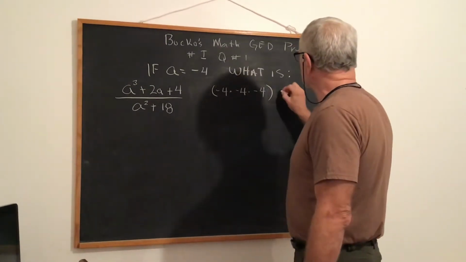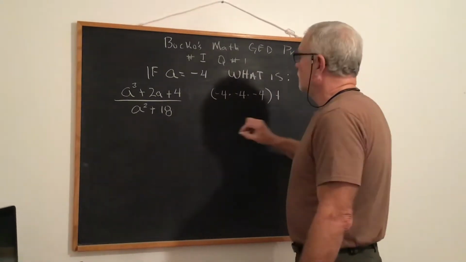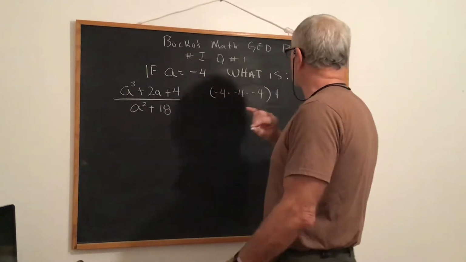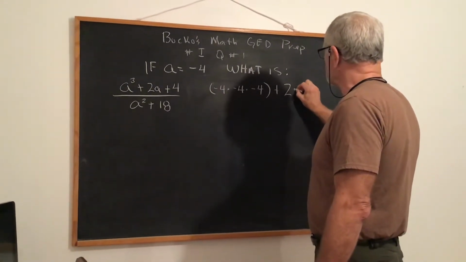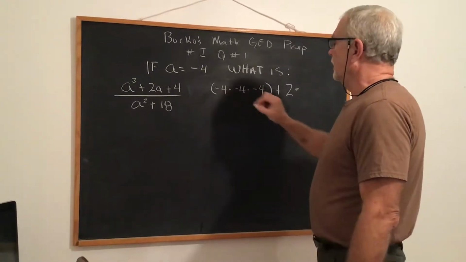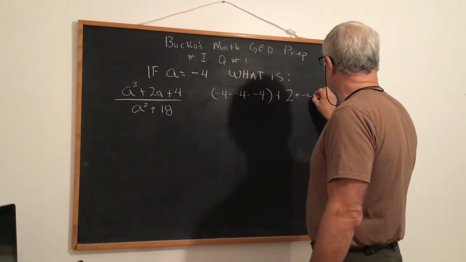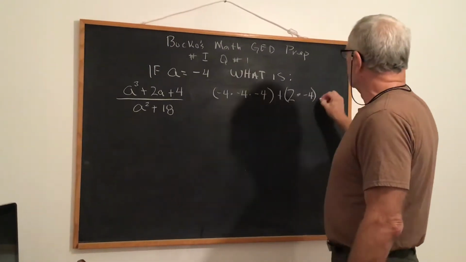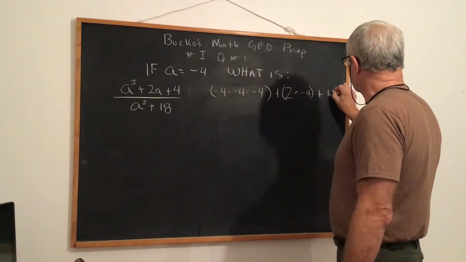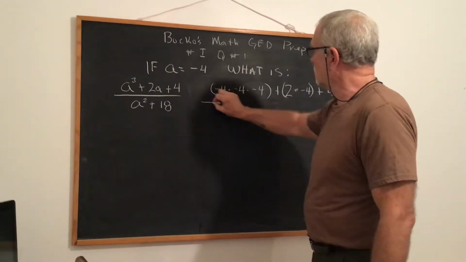Put a little parentheses in there for good measure. Now we're going to add 2 times the quantity a, so we write 2, and a little dot for multiplication, and a is -4 again. Put that in parentheses so we don't get all confused. And then we're going to add 4 to that whole shooting match.